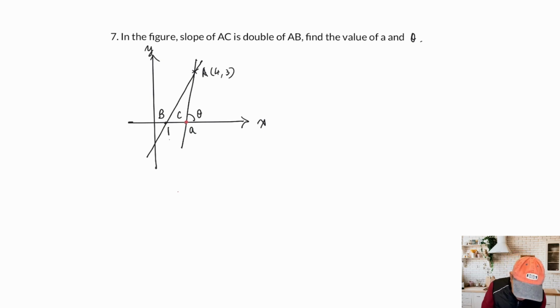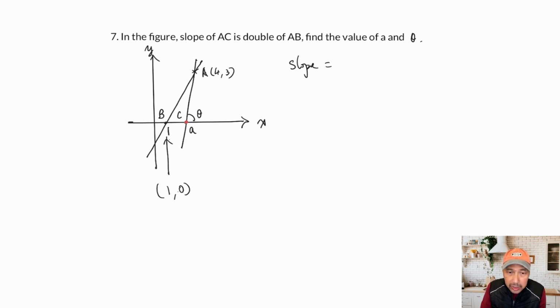To find the slope of AB, we can use either the inclination or the 2 points. So far we don't have the inclination, so we try to find the 2 points. One of the points is (4, 3). The other point comes from the x-intercept. We know that the x-intercept is 1, and because the point lies on the x-axis, the x coordinate is 1, the y coordinate is 0.